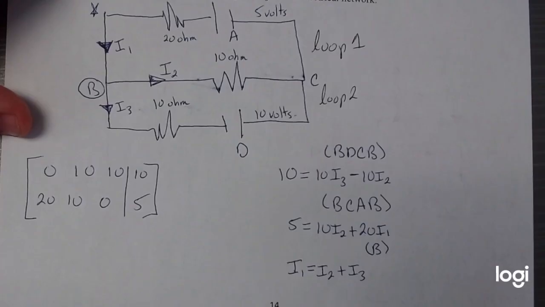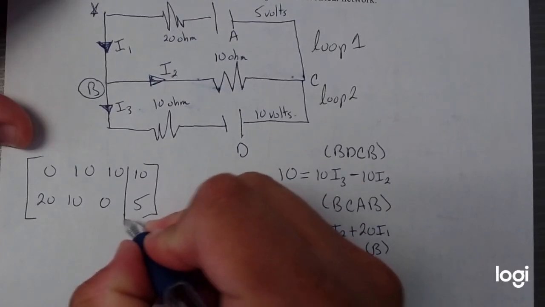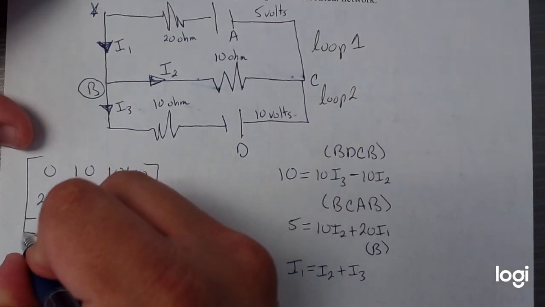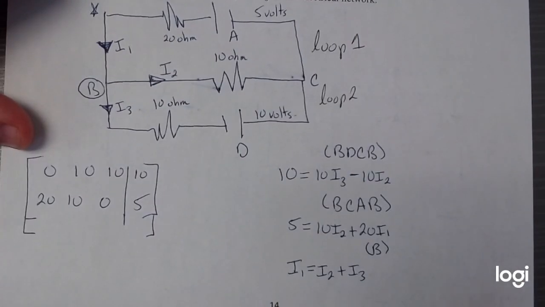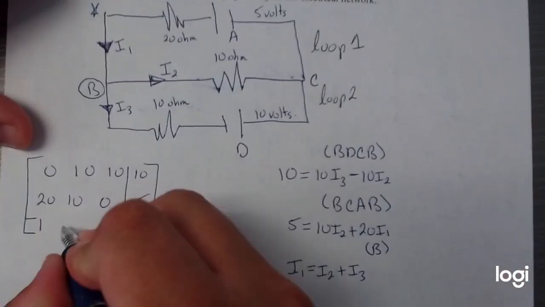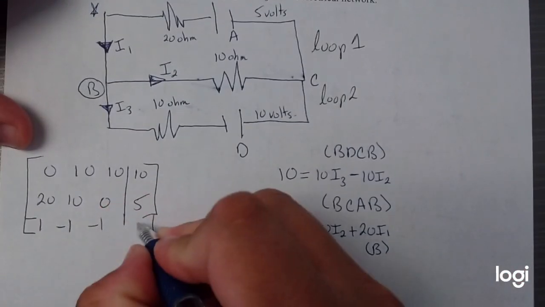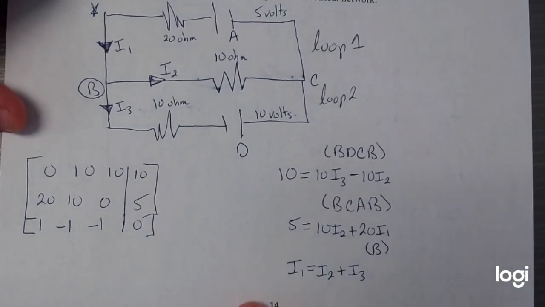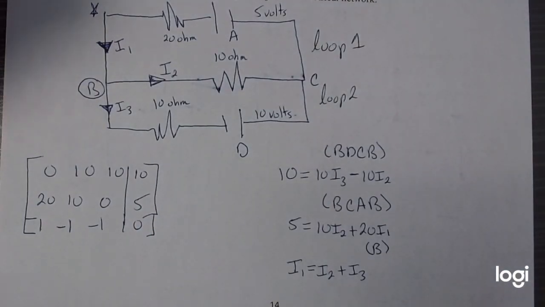So just like when it comes to network, set all the variables on one side and equal to a value, and this is going to be 0. So bringing everything else over, we have 1, negative 1, negative 1, and 0. And now we have our system we can solve for.